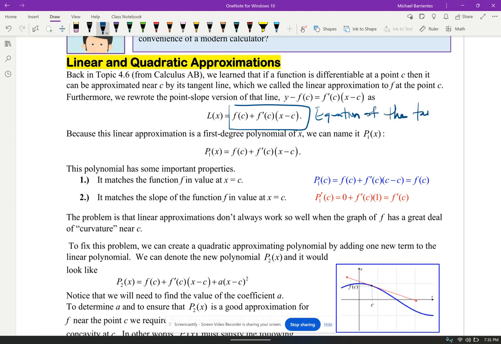Now, in this class we perhaps wrote it like this. But m is my derivative, and it's my derivative at a specific point, right? So a specific x value, which I'm calling c, times x minus that x value plus my y value, which is the function value at that point.